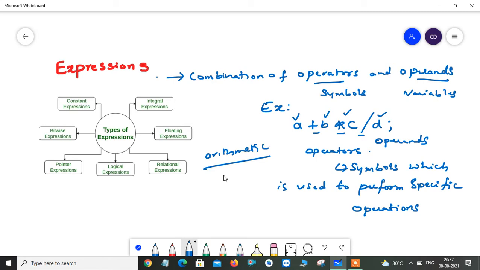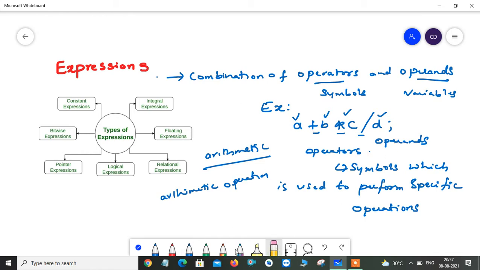These operators are used to perform the arithmetic operations. We all know plus is used to add two variables or two constant values, asterisk is used for multiplication and slash is used for division. So this is an expression.